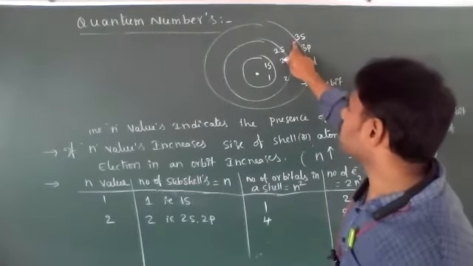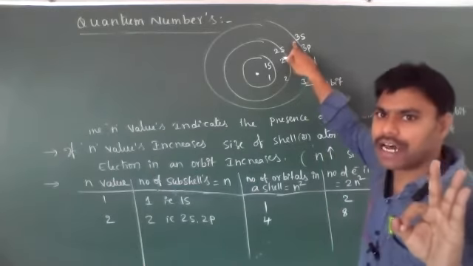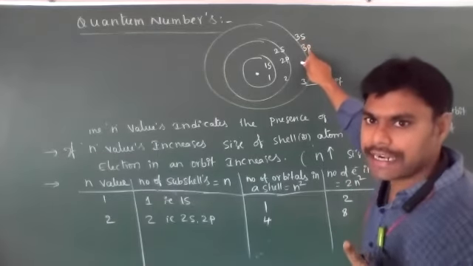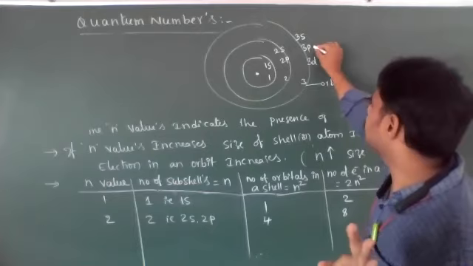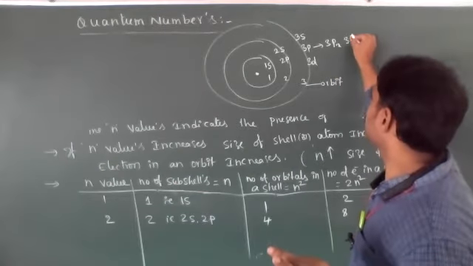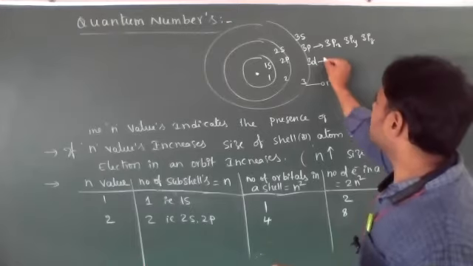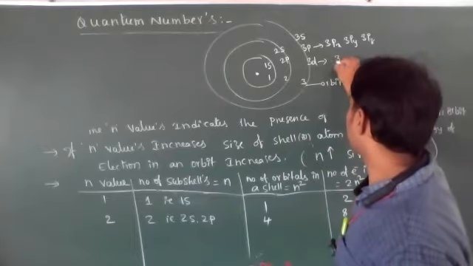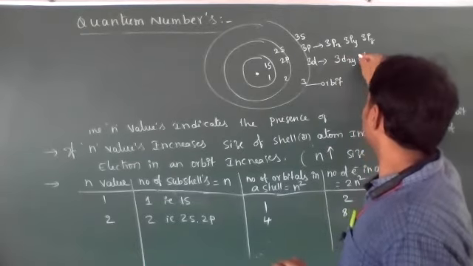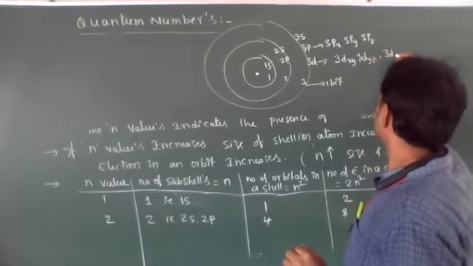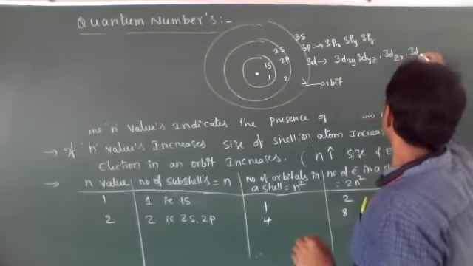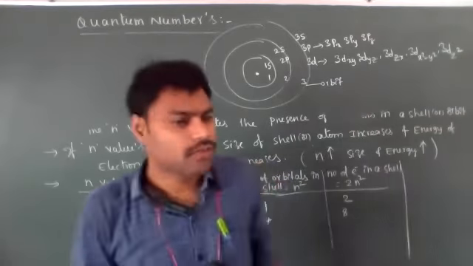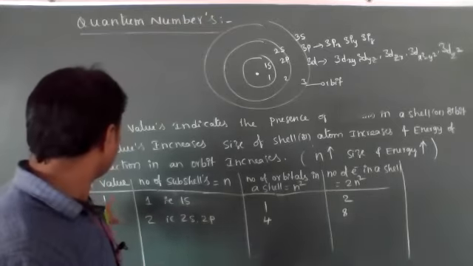In the same way, n equal to 3 contains 3 subshells: 3s, 3p and 3d. 3s has only one orbital, and 3p has 3 orbitals: 3px, 3py and 3pz. And 3d contains 5 orbitals: 3dxy, 3dyz, 3dzx, 3dx square minus y square, and 3dz square.